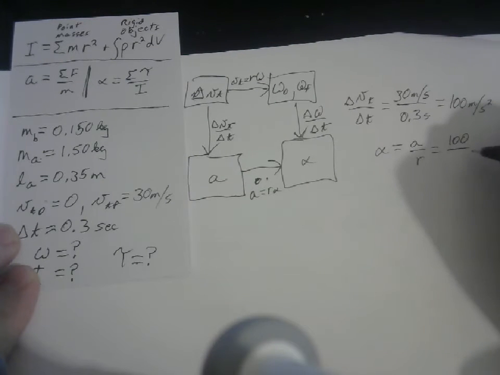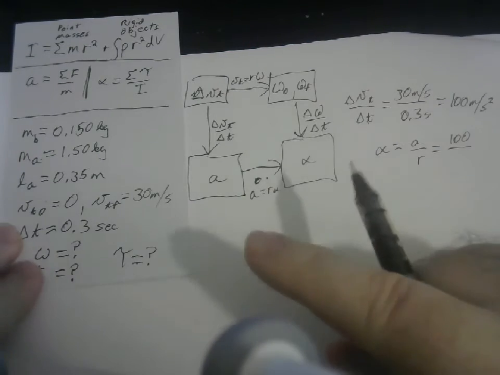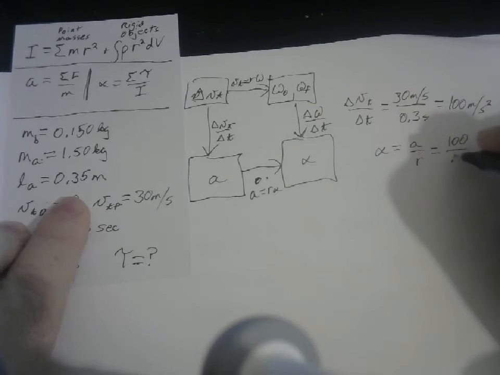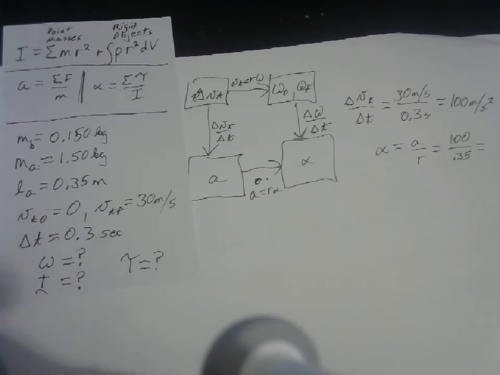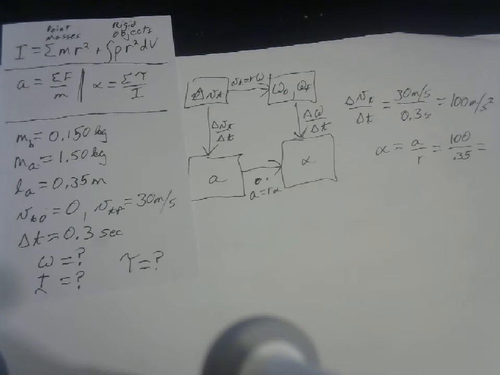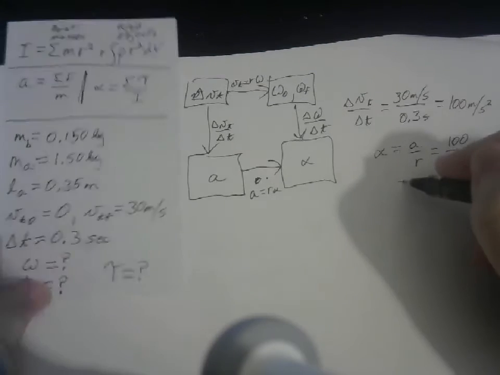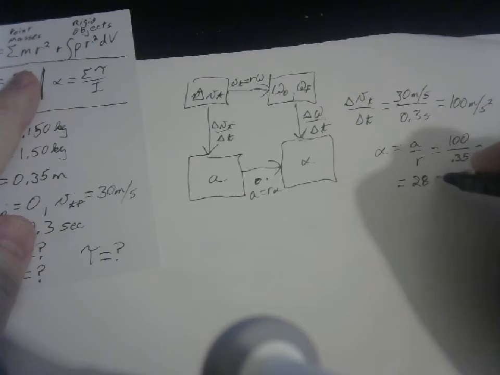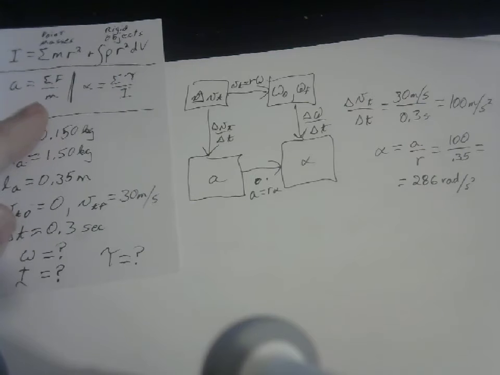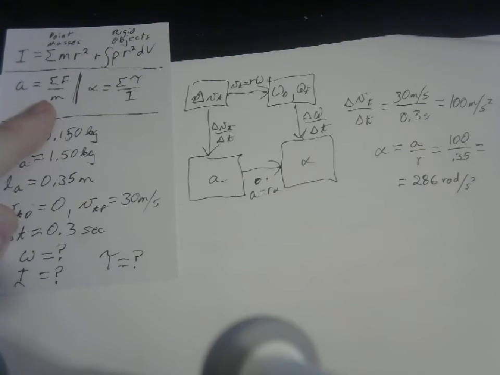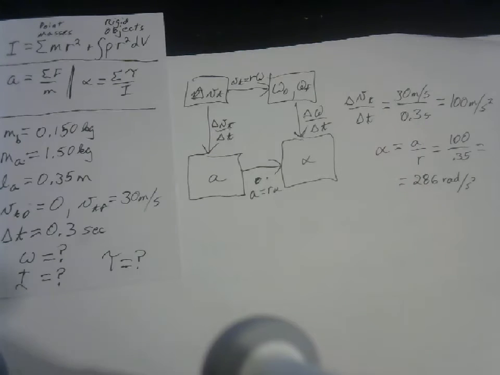So 100 divided by our radius of 0.35, that's the length of his arm, gives 286 radians per second squared.